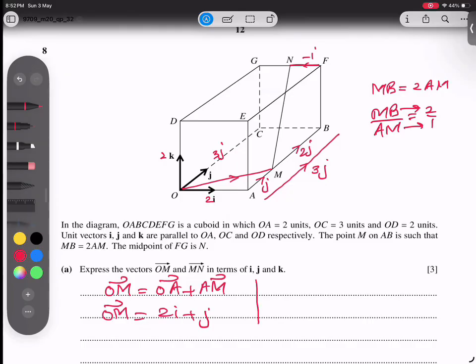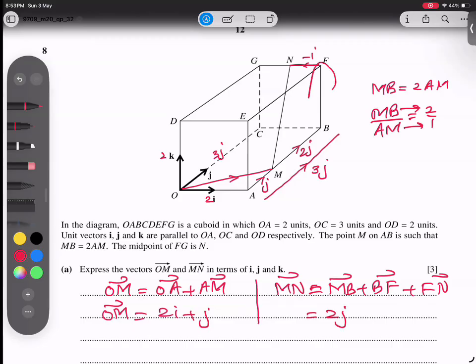Not complete, second part. MN, part b. MN, starting from M and ending at N. So for the path, I will use M to B, B to F, and F to N. I'm writing the path first of all: M to B, B to F, and F to N. This path is not compulsory, just for accuracy.